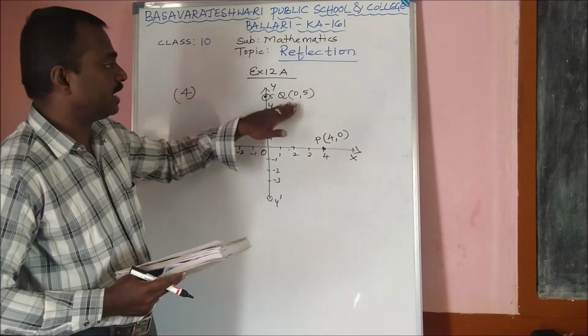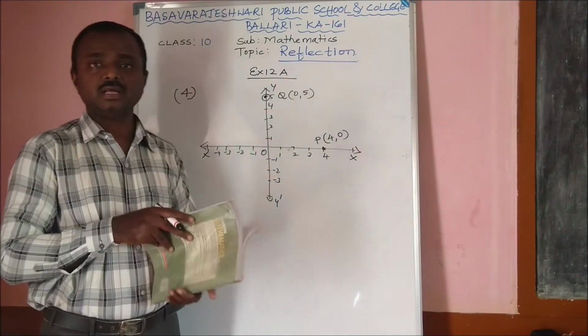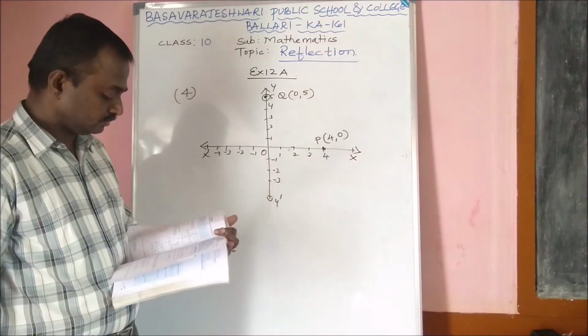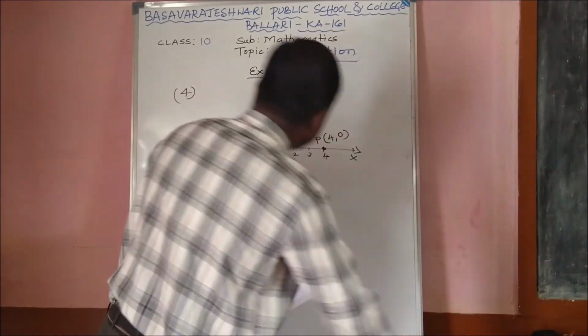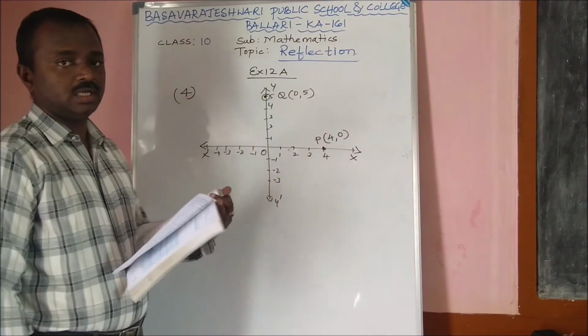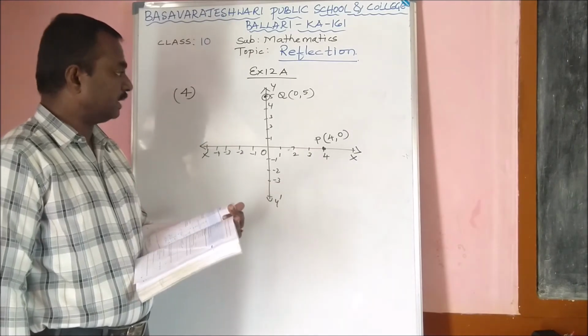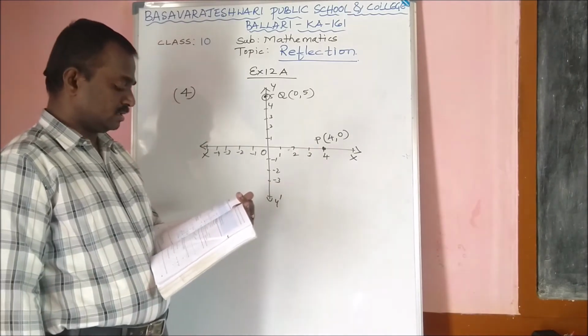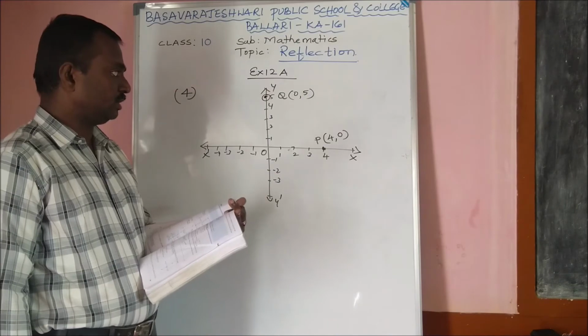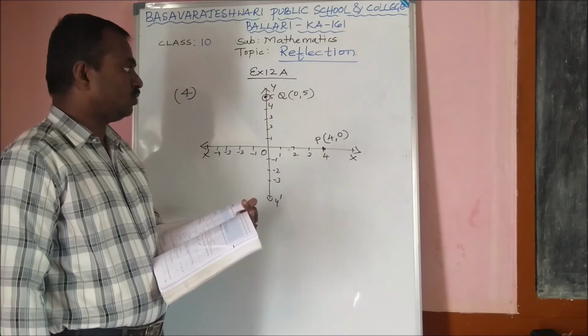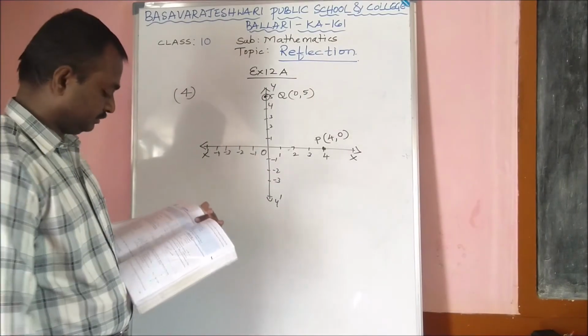Suppose the point is Q. The x-coordinate will be 0 and the y-coordinate will be 5. So Q is (0, 5). This is the answer for the fifth question. You can note it down in your textbook only. Fourth one is P(4, 0). Fifth one is Q(0, 5).